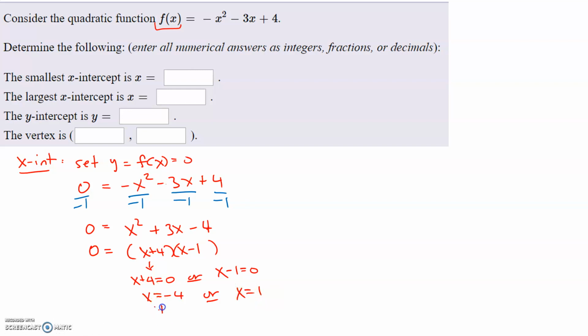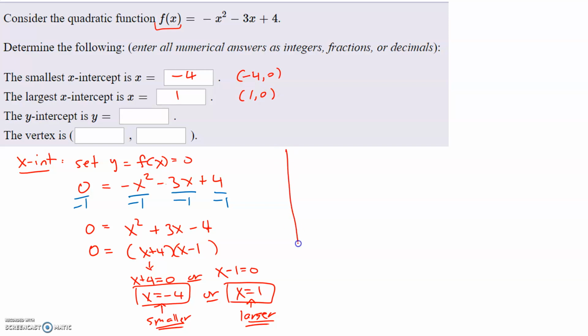The smaller x-intercept is x equals negative 4, and the larger x-intercept is x equals positive 1. So here I would put negative 4, and here I would put positive 1. The problem doesn't ask for this, but the actual ordered pairs are (negative 4, 0) and (1, 0), because it's the x-intercept, so the y value must be 0.